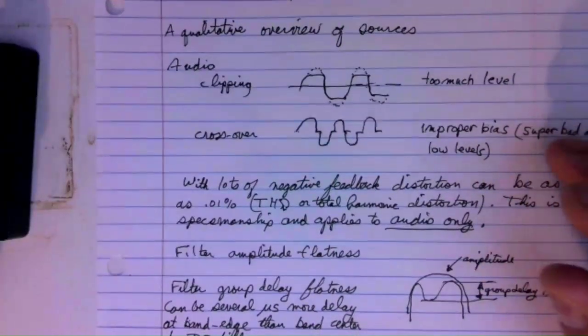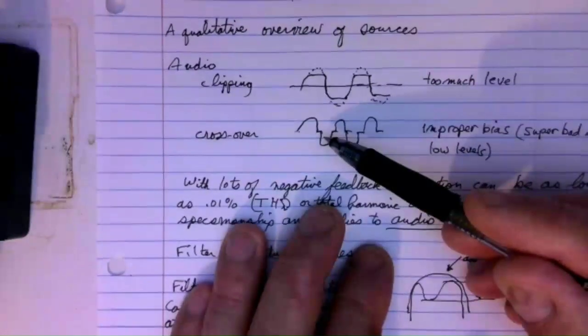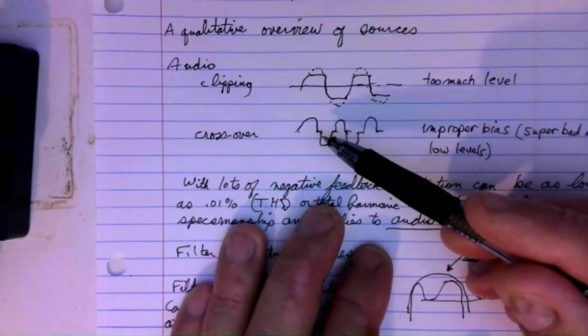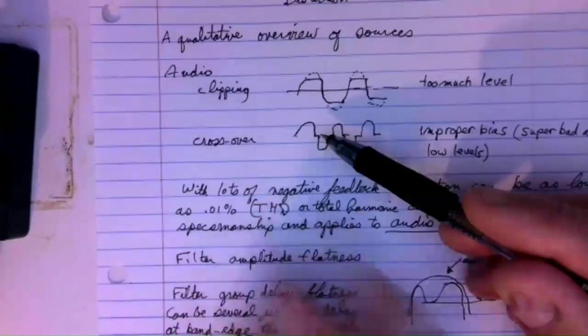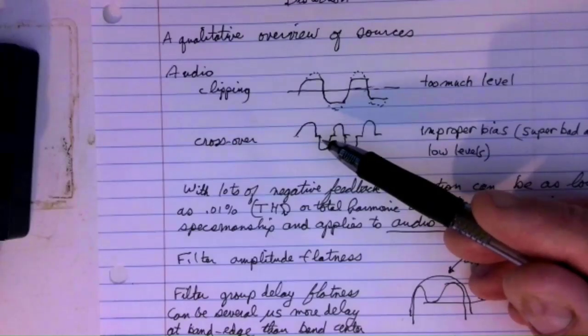In some cases, it looks worse than that. Crossover distortion is another type of distortion that an amplifier can do. And this is distortion right around the zero crossings, where the easiest way to get this is if you try to build a complementary symmetric emitter follower and don't bias up the two stages to keep them both on all the time.